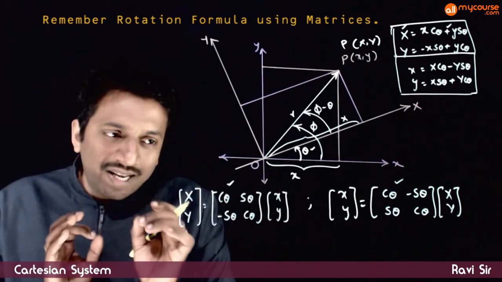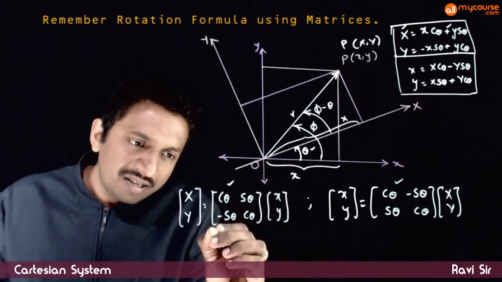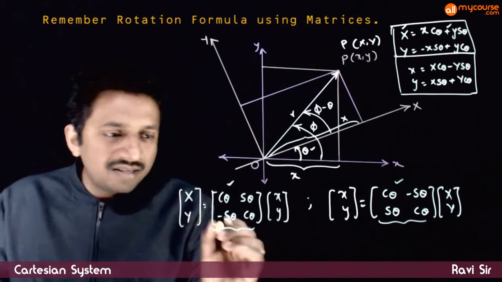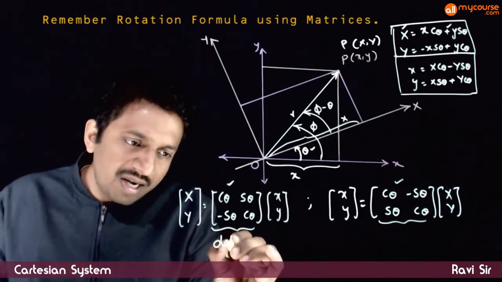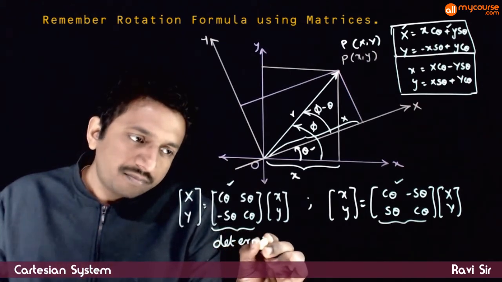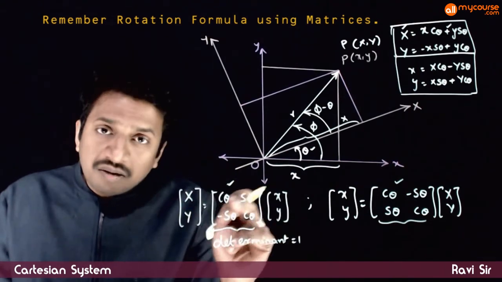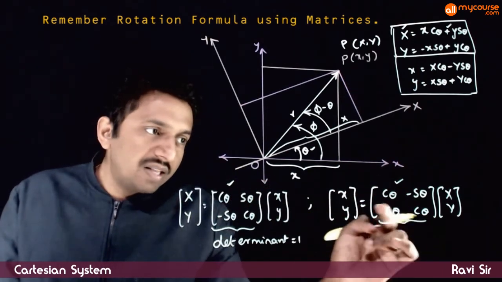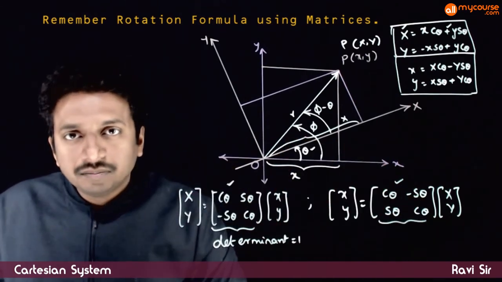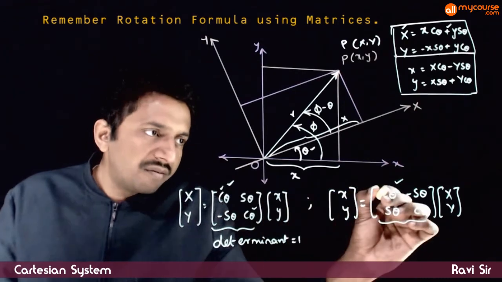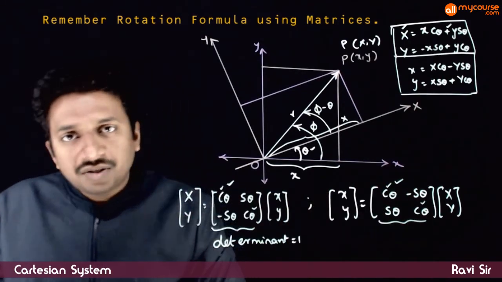The technique is to observe that these matrices have determinant equal to 1. So cos square theta plus sin square theta. And you can very clearly see that cos theta is always positive.